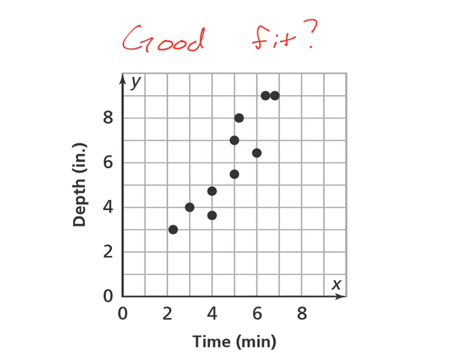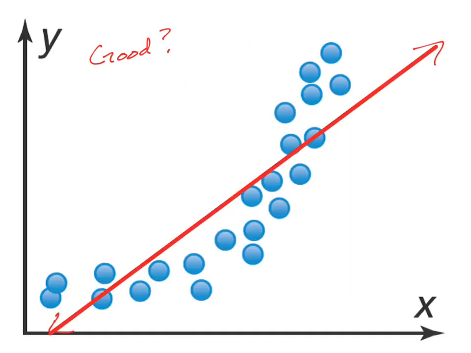Well, that's something you need to be able to recognize when you see a scatter plot and a line of quote-unquote best fit and see if it's good or not. Is this line of best fit a good fit for the data? And the answer for that's going to be no. This data is not following a linear progression. This is actually a type we've learned about in class called exponential.